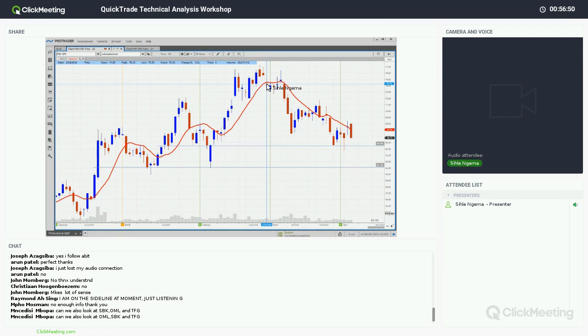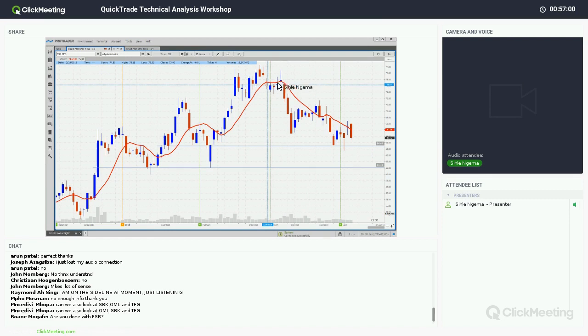Let me call it the first pullback signal that we had on this one. We had that one on the 28th of Feb. The market broke below the moving average on the daily time frame. A couple of days it tried to move up, and on the 7th of March it broke down completely. It was down 3% on the day, and the price started falling.